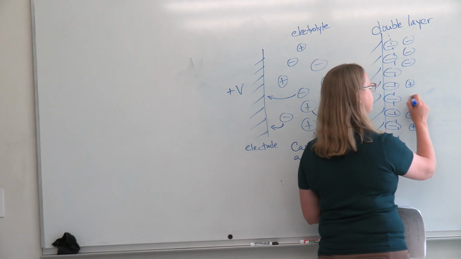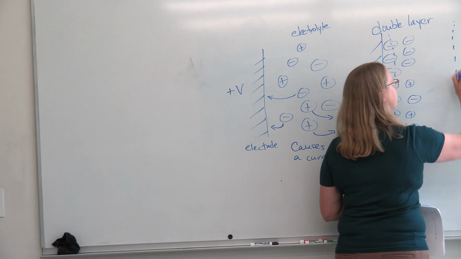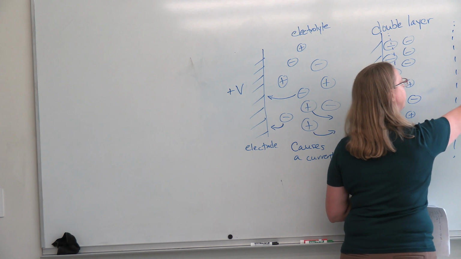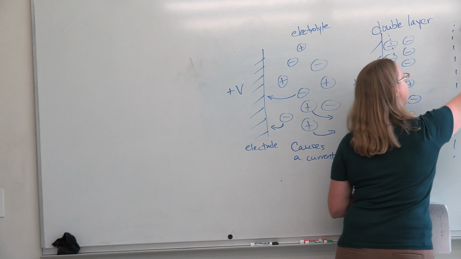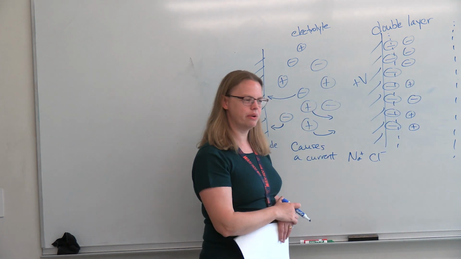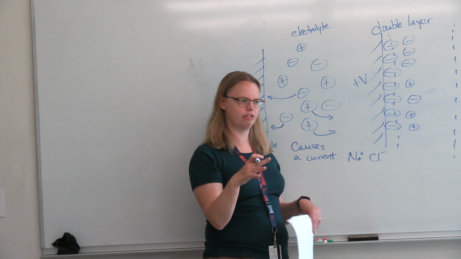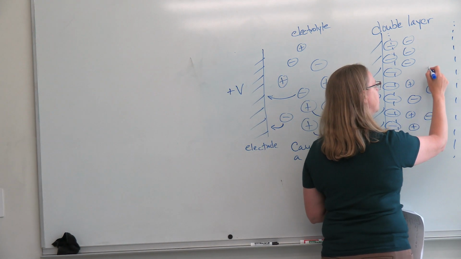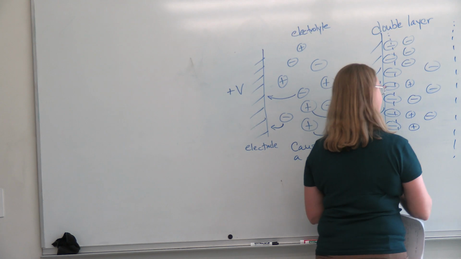As I said, there'll be another layer out here. And out here is what I'll call the bulk solution. Eventually you get far enough away from the electrode that it doesn't see the electric field, and the electric field doesn't bother it. But in this area, we'll end up with more negative ions.